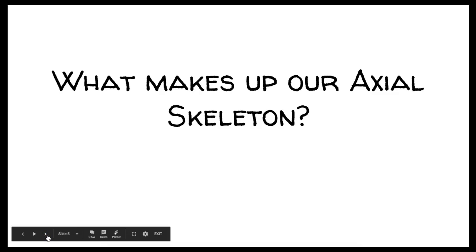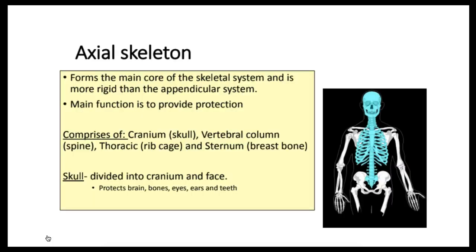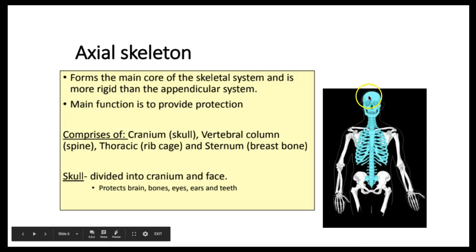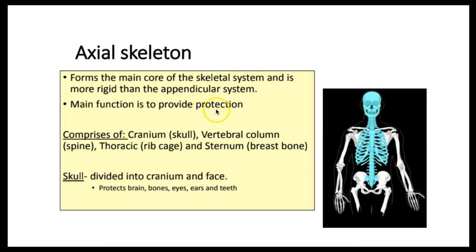So what are the actual bones that make up our axial skeleton? Well, just like I said a moment ago, it's our head, neck, and trunk. You can see them right here in blue. They are very rigid. We don't have a lot of flexibility here, simply because we have to protect all of our organs very well.